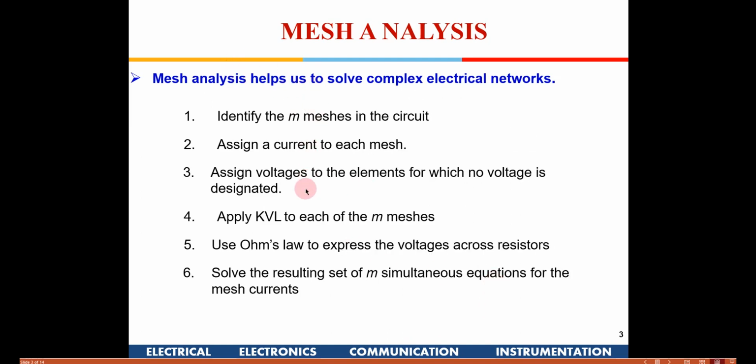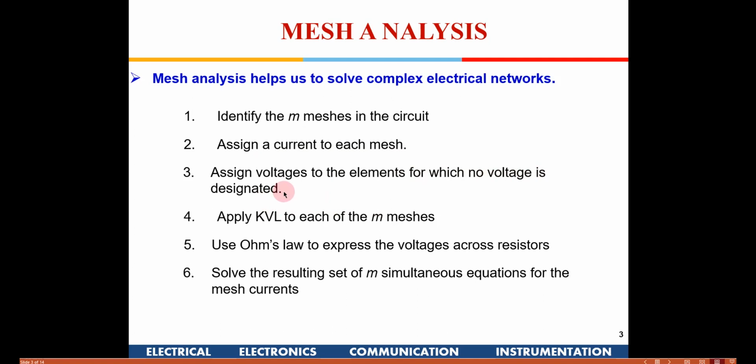These are the steps which have been listed out. Identify the M meshes in the circuit, and assign a current to each mesh, right? In each mesh there will be a current, so we need to assign a current to each mesh. Assign voltages to the elements for which no voltage is designated.